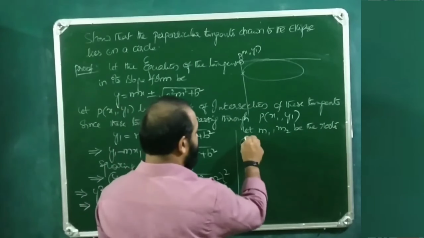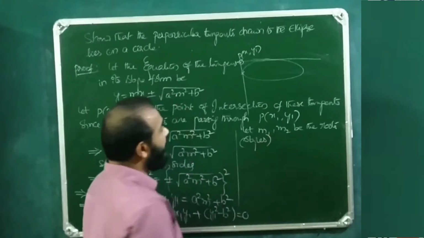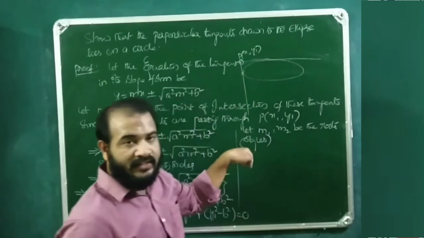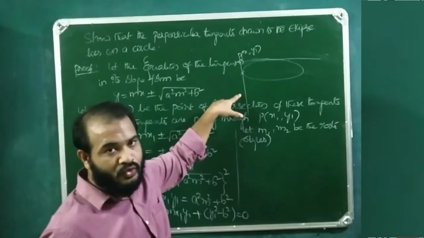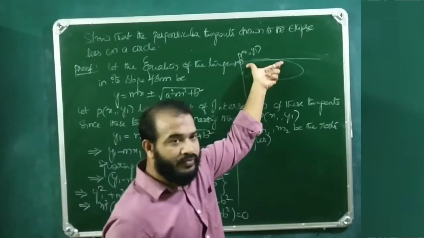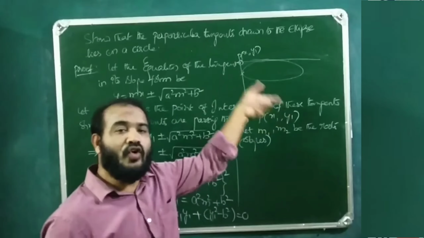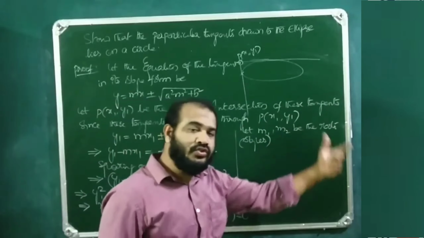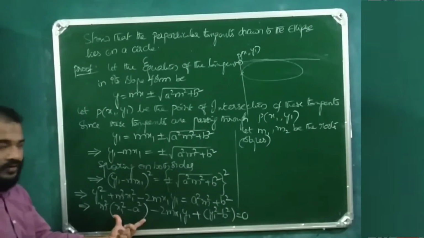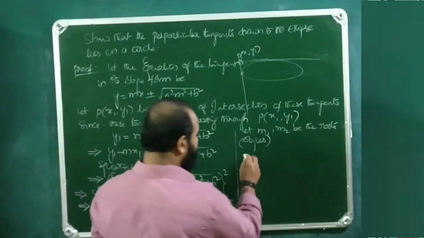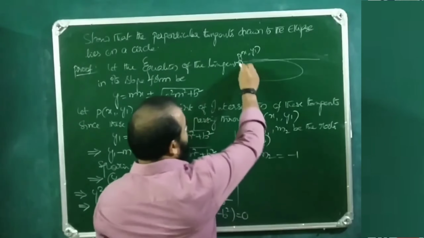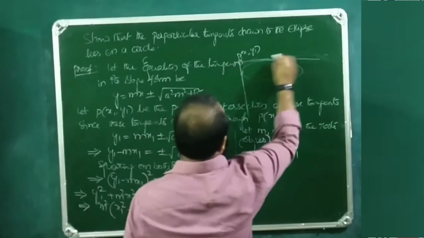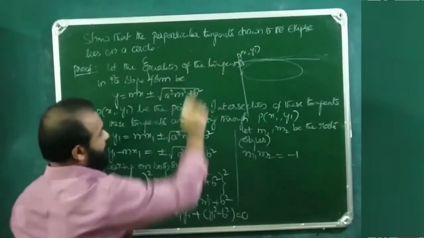These are the slopes, because we have taken two tangents, therefore there is the possibility of two slopes, m1 and m2, and those slopes are the roots of this quadratic equation. The product of the slopes m1 m2 equals minus 1, because this tangent and this tangent are perpendicular to each other according to the question.